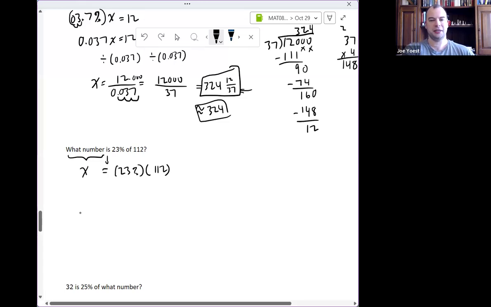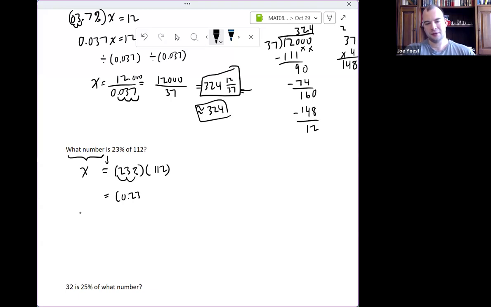So I have 23% times 112, or I can move this decimal place 2 to the left and get rid of the percent. So 0.23 times 112.